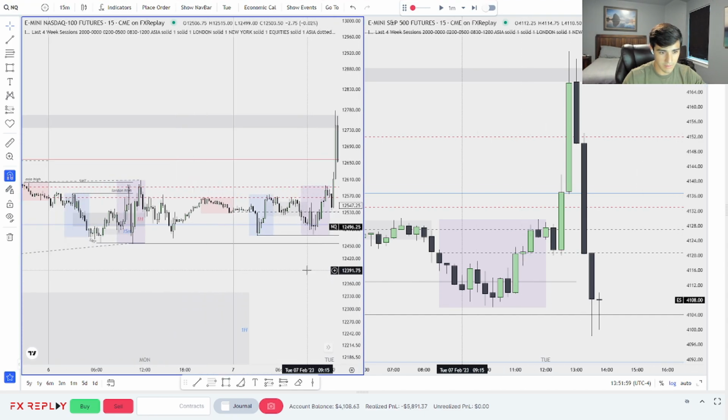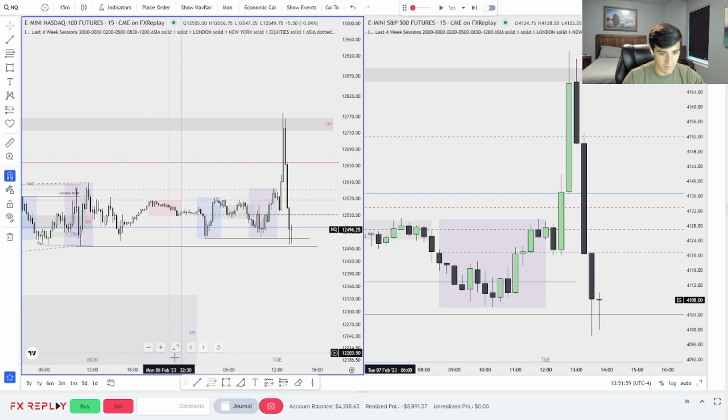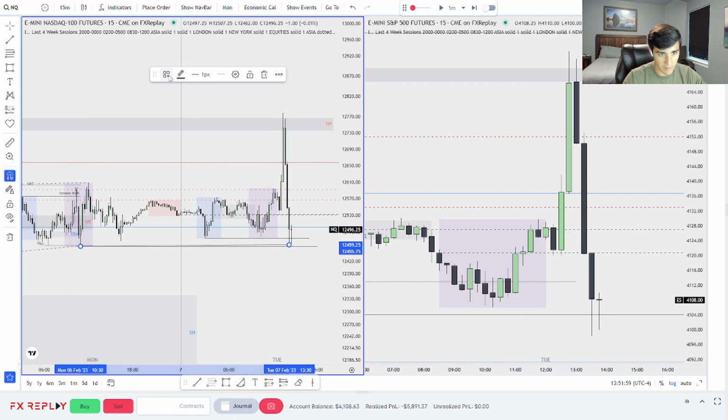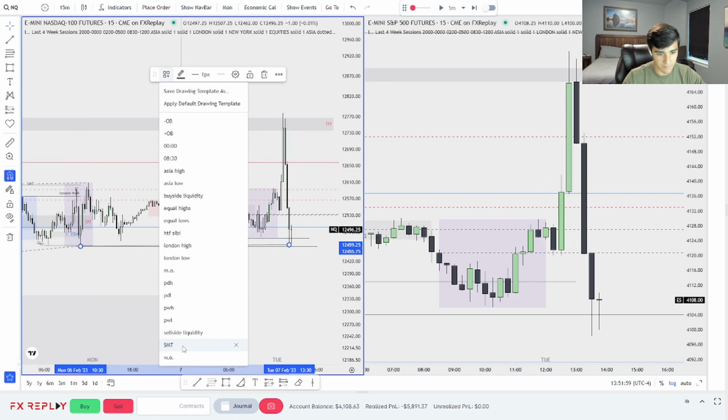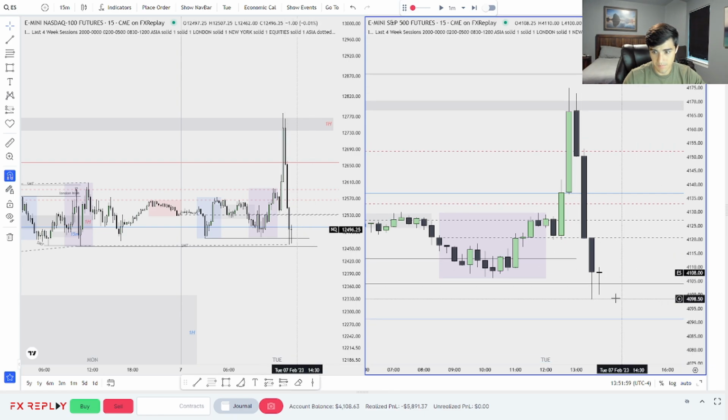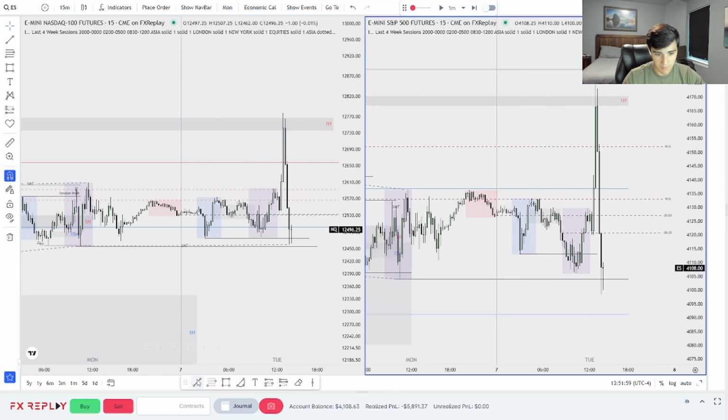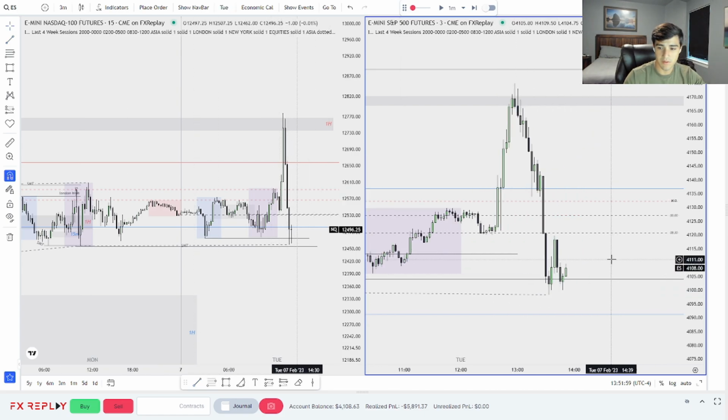So if this model is complete and we have an SMT relative to the previous day low, now I want to see a shift in market structure on a lower time frame. Or I want to see my model, my entry signature. So let's go to a 3-minute.